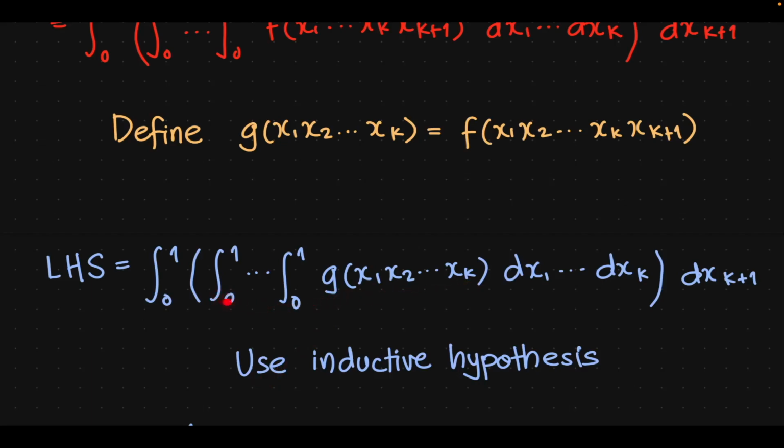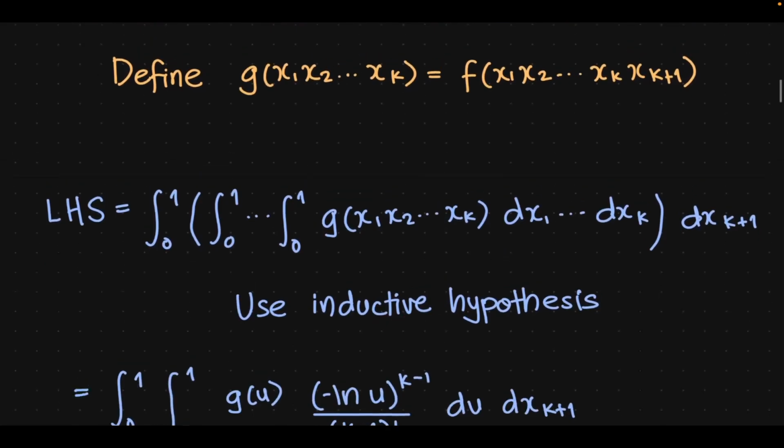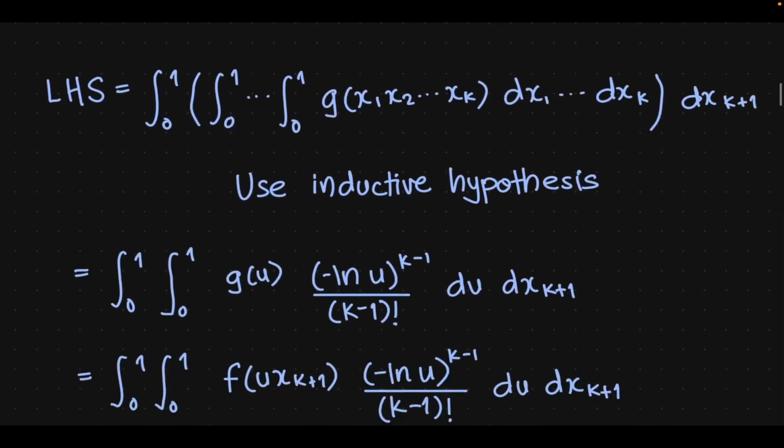So we have, in this case, not an f, but a g, which is a function of the products of those k coordinates on a k-dimensional unit hypercube. So we can use the inductive hypothesis to just, instead of g, have the integral from 0 to 1 of g of u times minus ln u to the k minus 1 over k minus 1 factorial du.